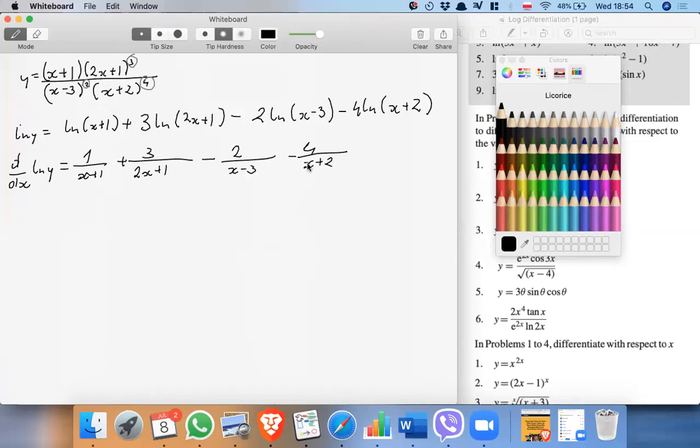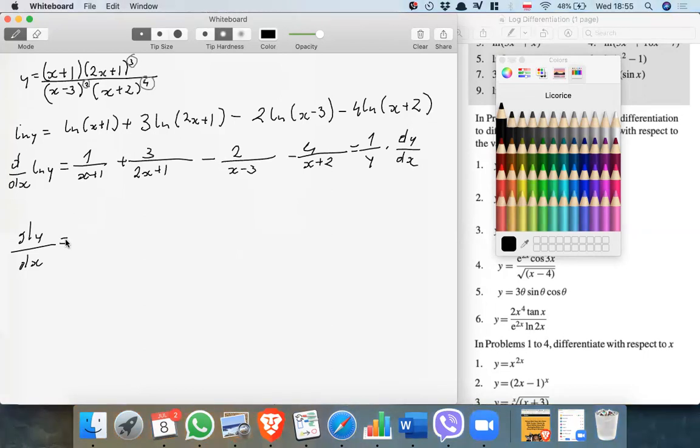So that's the d/dx of natural log of y. And again, I remember that this expression has the value of 1 over y multiplied by the derivative of the function, dy/dx.